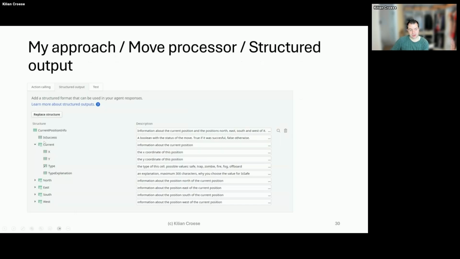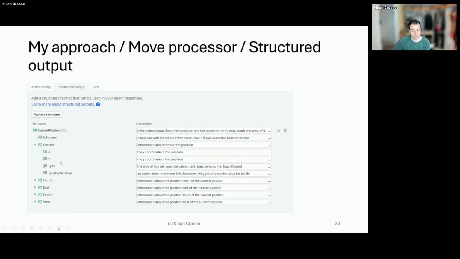Then I think a very nice feature from Agent Workbench is that I would like to get this in a structured output. So I would not like to get a natural language response back from the large language model. That's not going to be very helpful here. So I defined this structure where I told it, hey, tell me in this structure the information of the current cell, the cell north, east, south, and west of me.